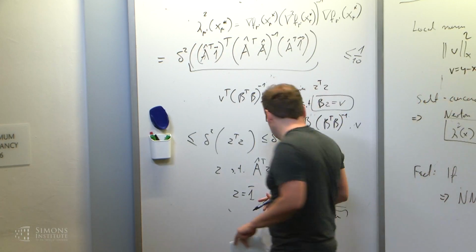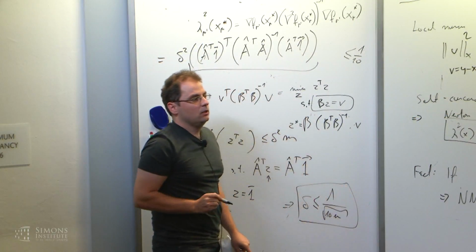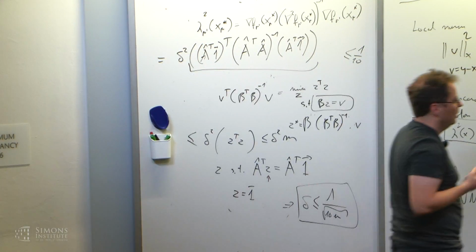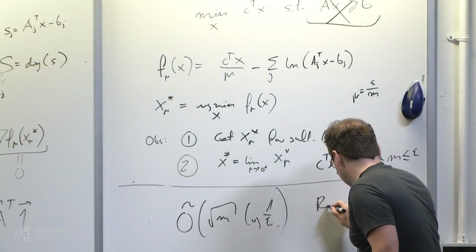Setting delta to this quantity will make the whole scheme converge, and the final bound we will get is O tilde of square root of m log 1 over epsilon, which is, by the way, the result of Renegar.